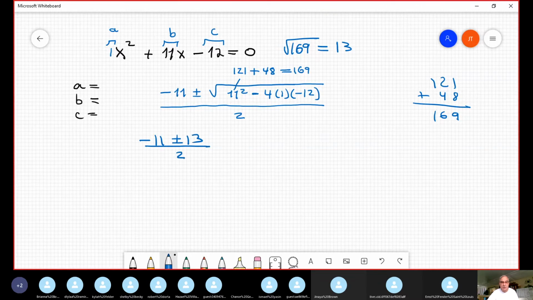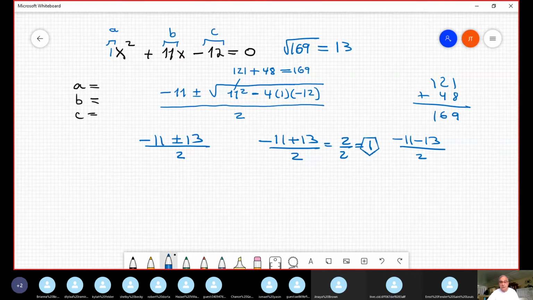And you separate it into pieces. Negative 11 plus 13 over 2, and negative 11 minus 13 over 2. So 13 minus 11 is 2, positive. And 2 divided by 2 is one solution: 1.